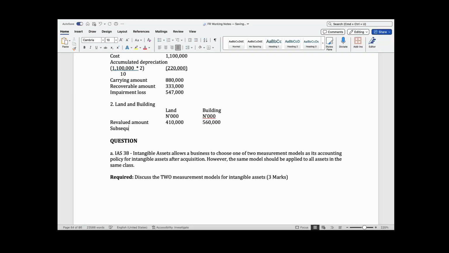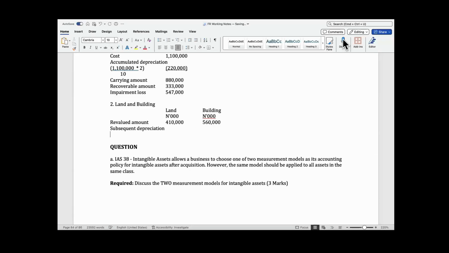You know that depreciation is going to start over again. The land is not depreciated. Who can tell me why land is not depreciated?